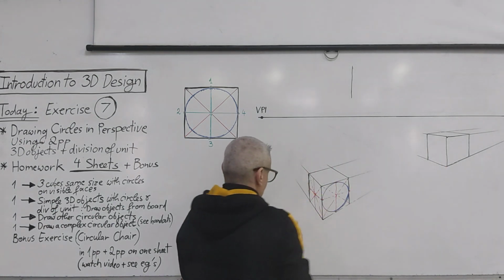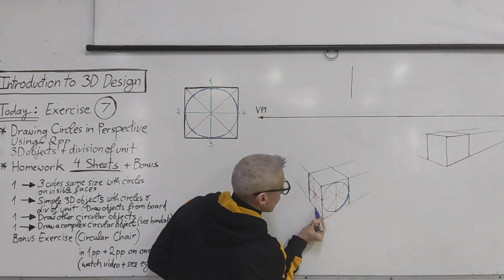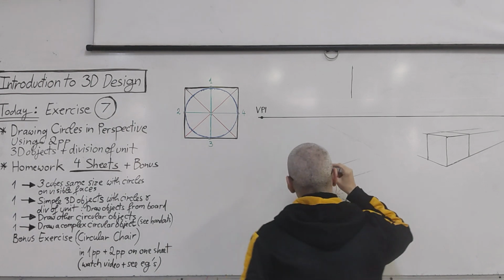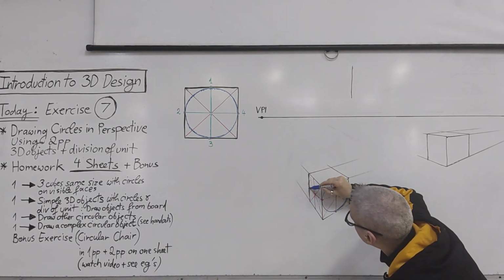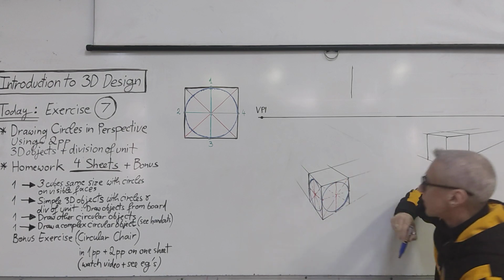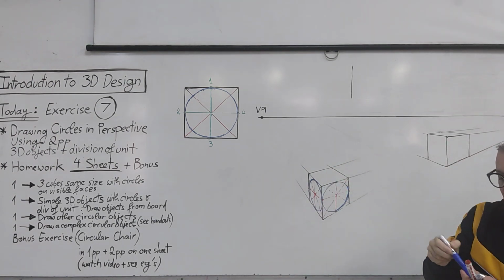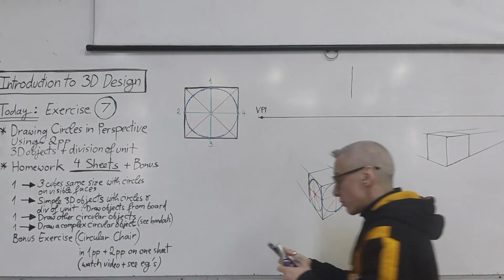Now, the 4 points, 1, 2, 3, 4, we will draw a circle inside. And the top surface, the same thing we will do.